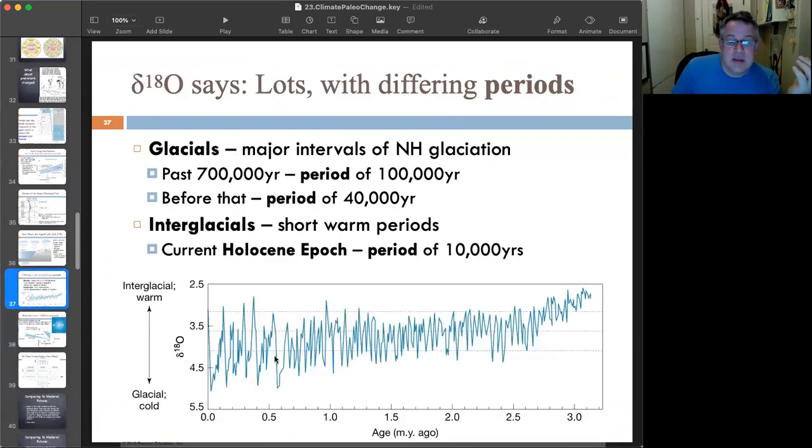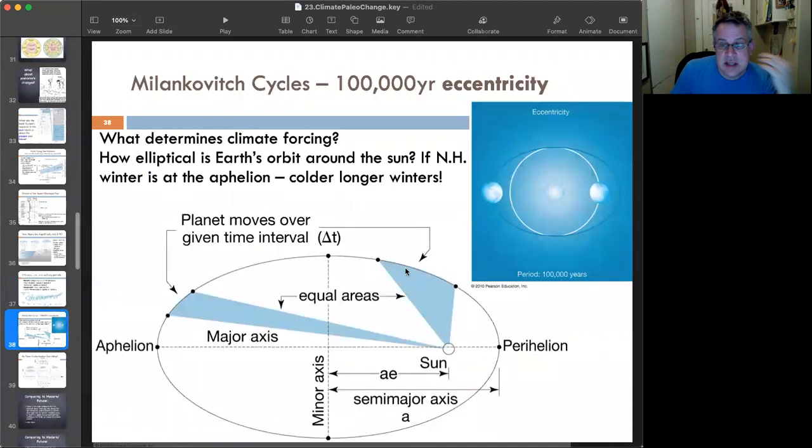One of the things that we think has to do with why these ice sheets were growing and decreasing is that the orbit of the Earth changes in a couple of different ways. So the Earth's orbit about the sun is elliptical.